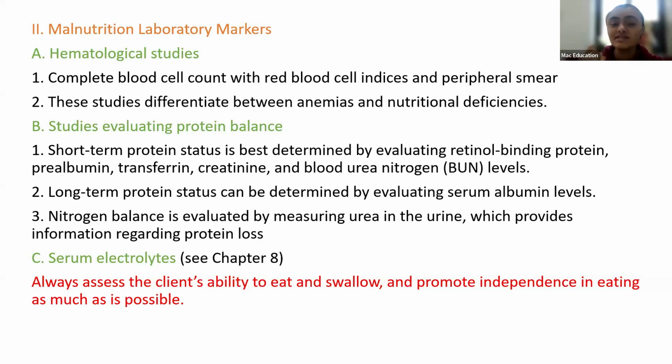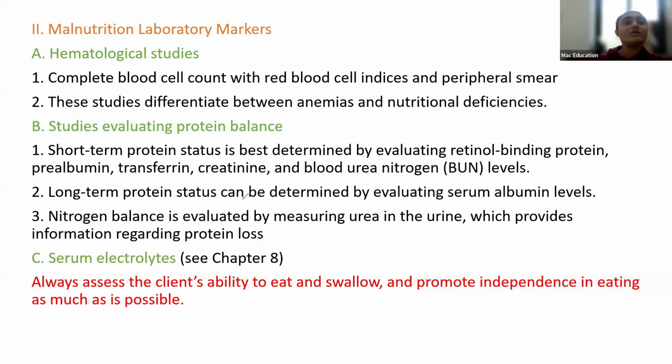Complete blood cell count with RBC cell indices and peripheral smear. Through a complete CBC count and the RBC indices. What are the RBC indices? The different indexes of RBCs.